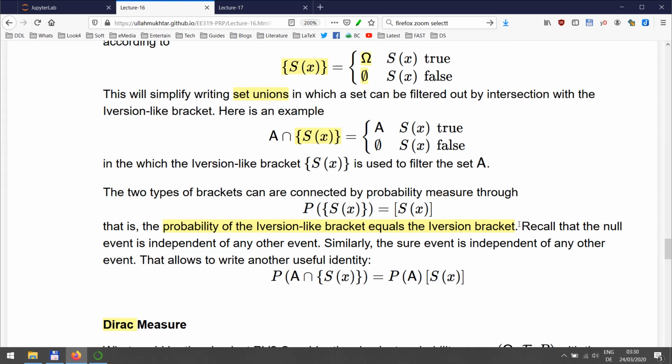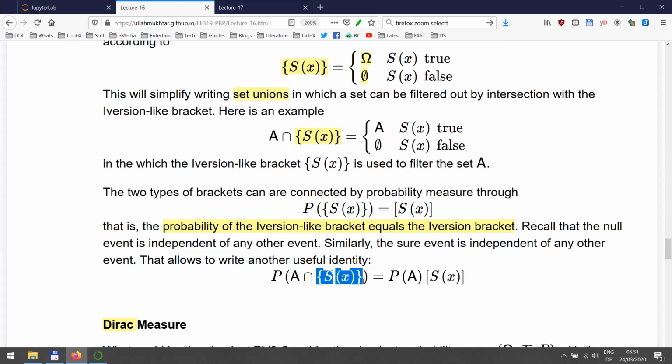Similarly, the sure event is also independent of any other event, which means that if I take the intersection of A with the Iverson-like bracket, this bracket will either be the empty set, in which case it will be independent of A, or it will be the sample space, which is also independent of any other event.